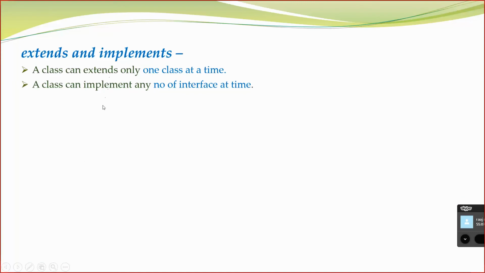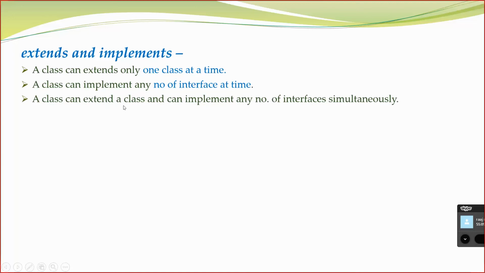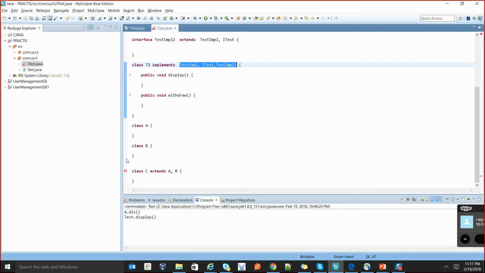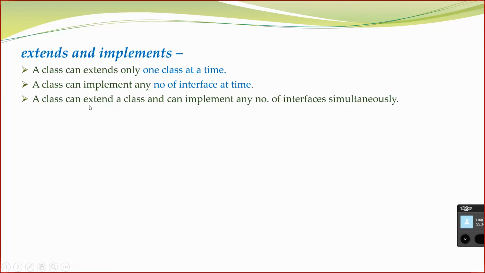The first line is extends, the second line is implements. A class can extend a class and can implement any number of interfaces. What they're trying to say is, this is a class, and it can extend also. A class can extend a class plus multiple interfaces, at the same time, simultaneously.